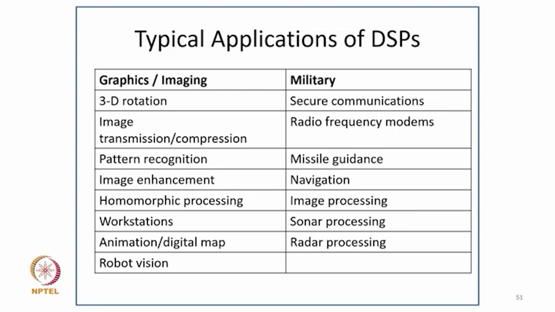And for graphics and imaging, like 3D rotation, image transmission, compression, pattern recognition, image enhancement, homomorphic processing, workstation, animation and digital map, robot vision. And for military applications, like secure communication, radio frequency modem, missile guidance, navigation, image processing, sonar processing, and radar processing.